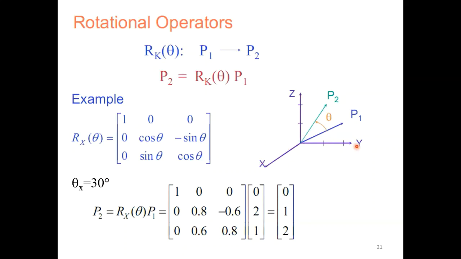And this is what's happening in the real world. You have the coordinate frame, and there's a P1 vector like this, P1. And then P1 has undergone a positive rotation of theta degrees, right? And now it is P2. Now, if you want to find out the new vector P2, this time the rotation is happening with regard to the vector.